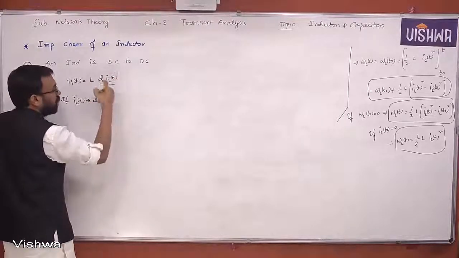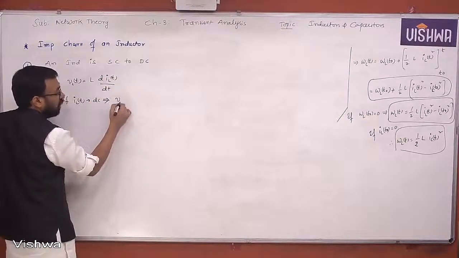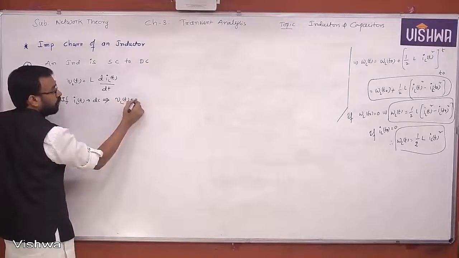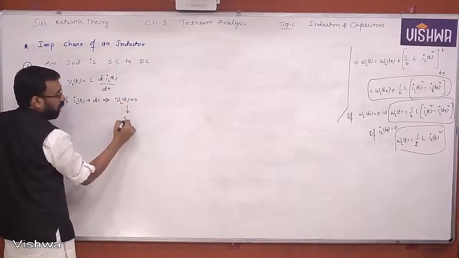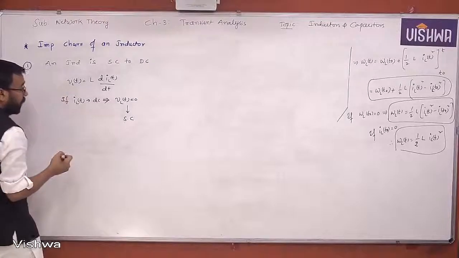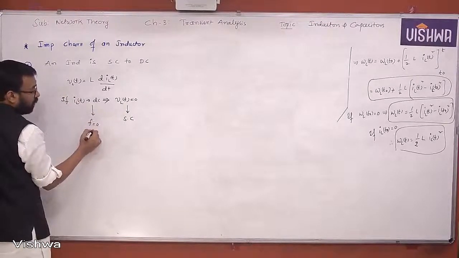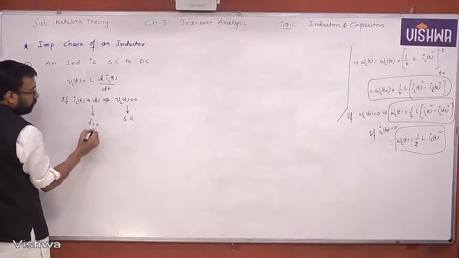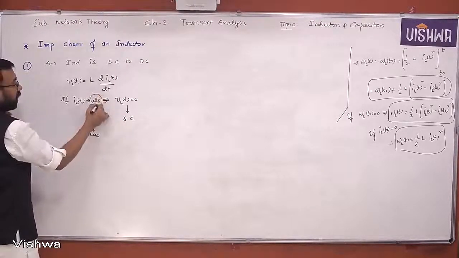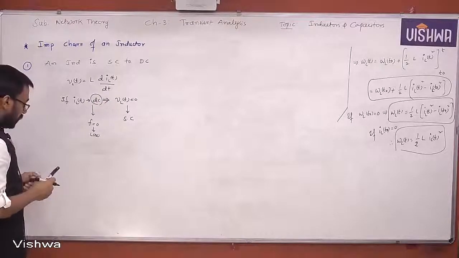The time rate of change of this constant is nothing but zero, so VL of t will become 0. Voltage 0 refers to what? Short circuit. DC is nothing but frequency 0, that is nothing but low frequency.